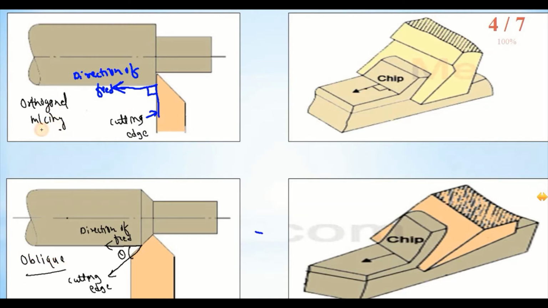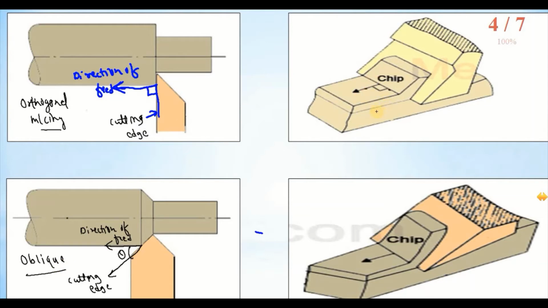So what is the main difference? If the direction of feed or cutting velocity vector and the cutting edge are perpendicular, then it is called orthogonal machining. If the direction of feed or velocity vector is at some angle to the cutting edge, then it is called oblique cutting.